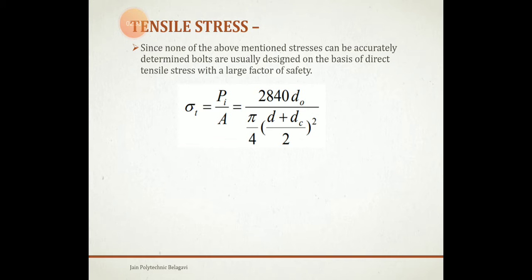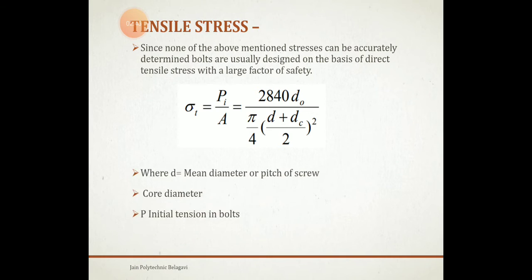Pi is nothing but 2840 times d, divided by pi by 4 times the square of (d plus dc) by 2. We are taking the mean diameter into account here. This is the meaning of the parameters: d is the mean diameter, dc is the core diameter, and Pi is the force due to the initial tightening.